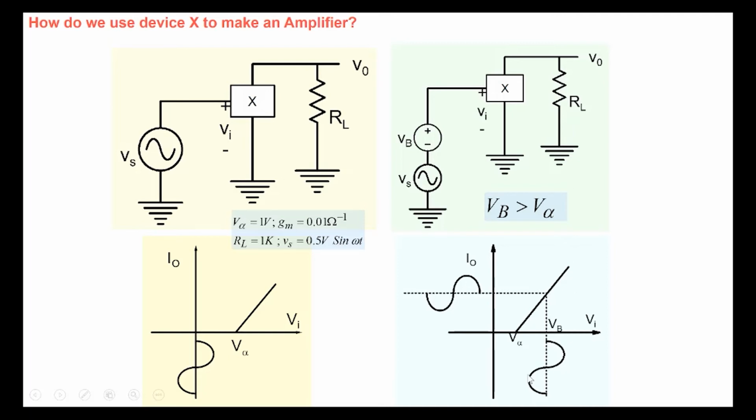The output current will have a DC current here. If there is no Vs, you applied Vb, so corresponding to some Vb, there would be a DC current flowing. But the moment you add this source Vs, it modulates the input voltage, increases and decreases, and corresponding to changes in Vi, there are corresponding changes in I0 here.